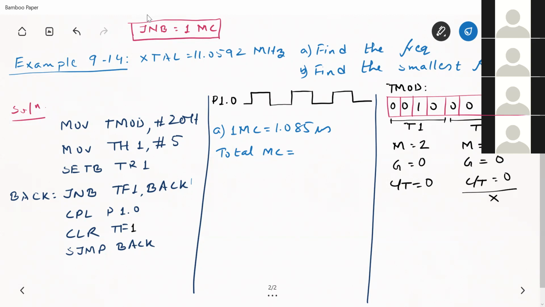Tell me, how do we calculate? FF minus 5 plus 1. Okay. How much is it? It's 251. Tell me in hex. Since you have calculated in hex, so tell me in hex. FD. FDH. So definitely now if you convert this into decimal, now how much do you get?